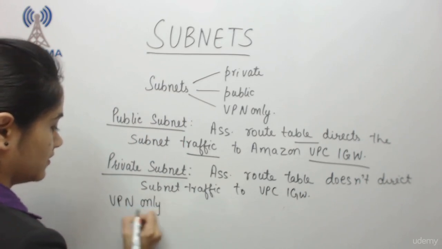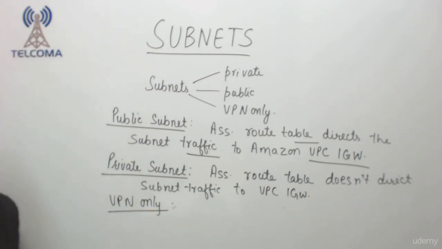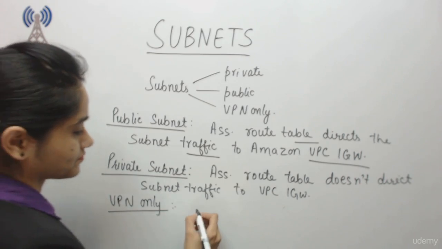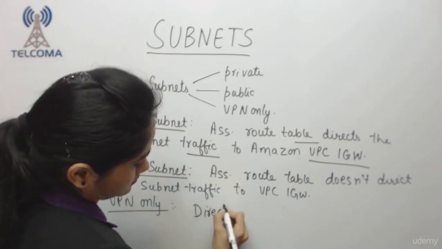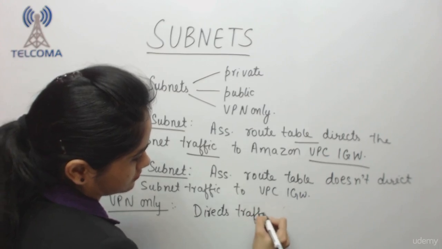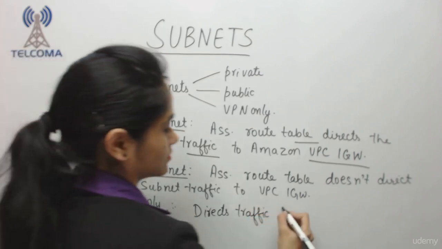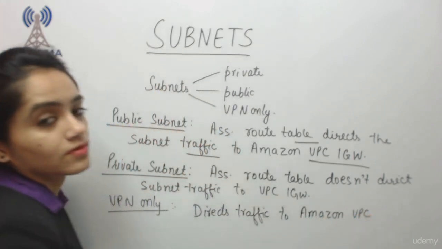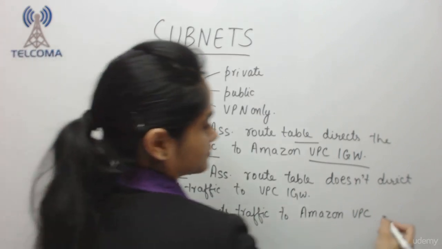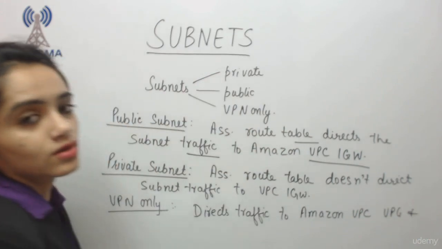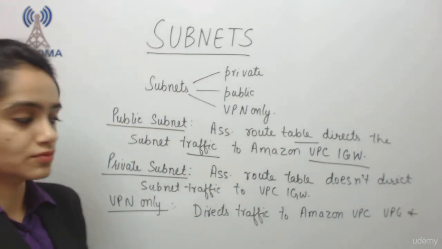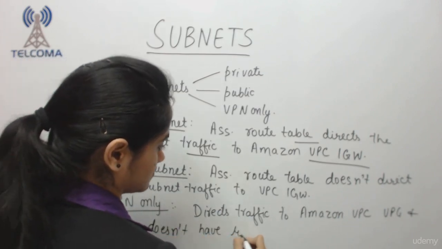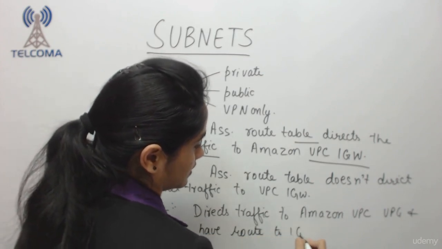Next we have VPN only. Here the associated route table directs traffic to the Amazon virtual private cloud VPG, and also it does not have a route to the internet gateway.